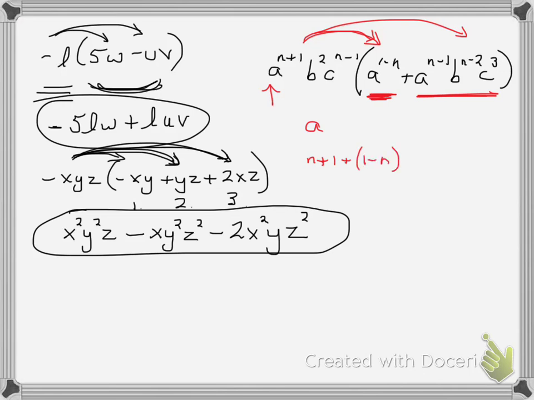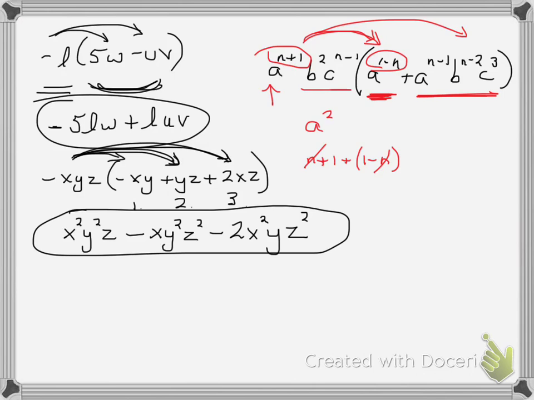You see where that's coming from? The exponent here and the exponent here. Summing that, n minus n drops out, and you get 1 plus 1, or a squared.